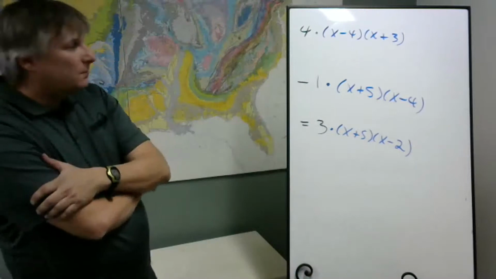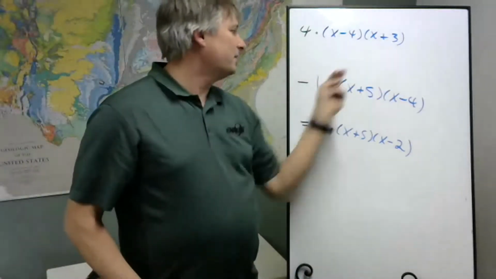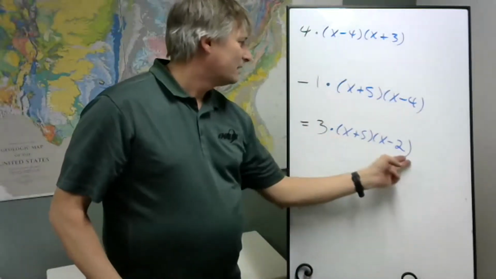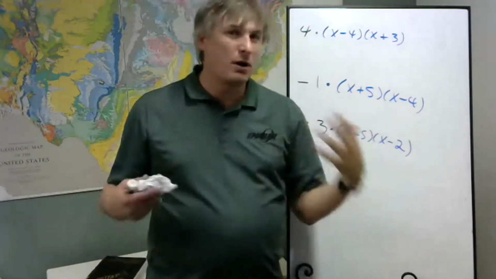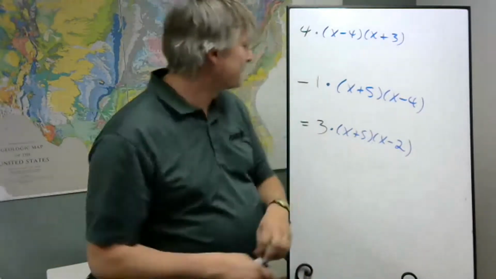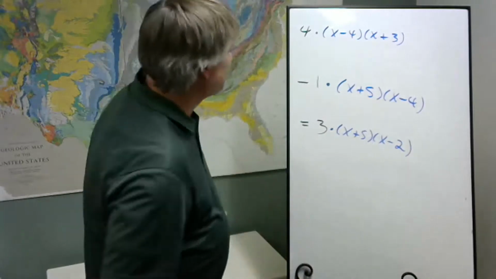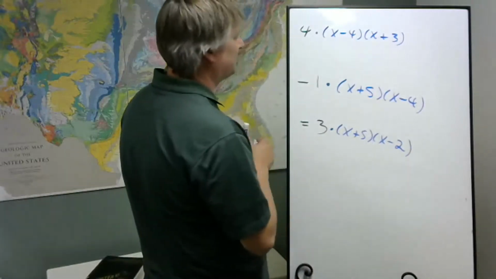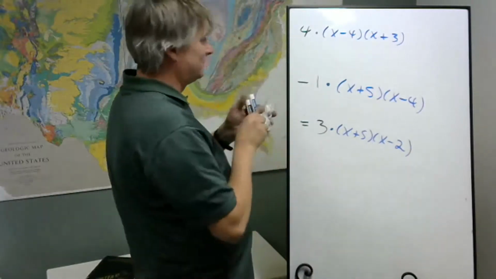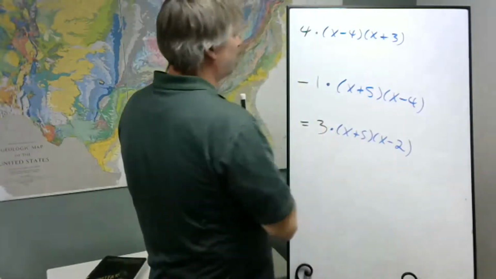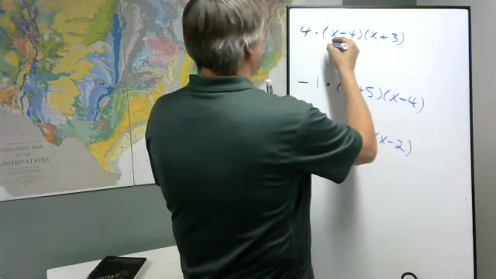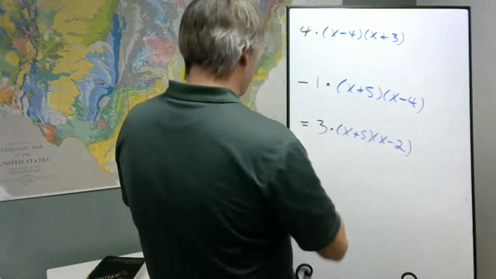So what we're going to do, we're going to FOIL these and then multiply by these constants, and then we're going to get some quadratic and solve the quadratic. So let's see here. If we get a quadratic, we might see some cancellations. So this one will be 4 times this.